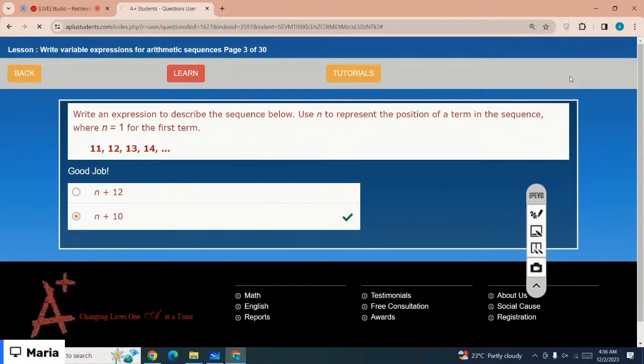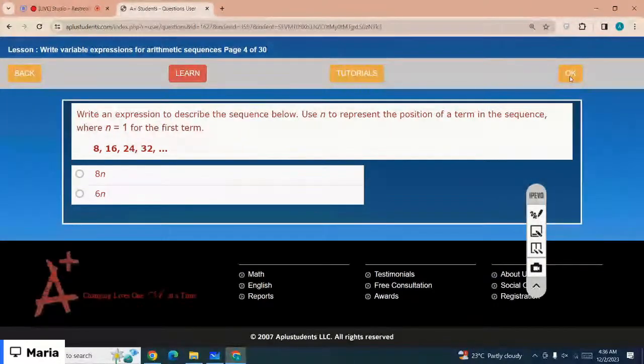Okay, write an expression to describe the sequence below. Use n to represent the position of a term in the sequence where n equals 1 for the first term. So, which is the correct option?